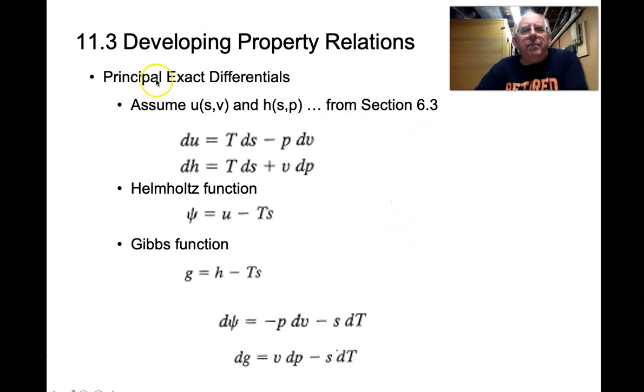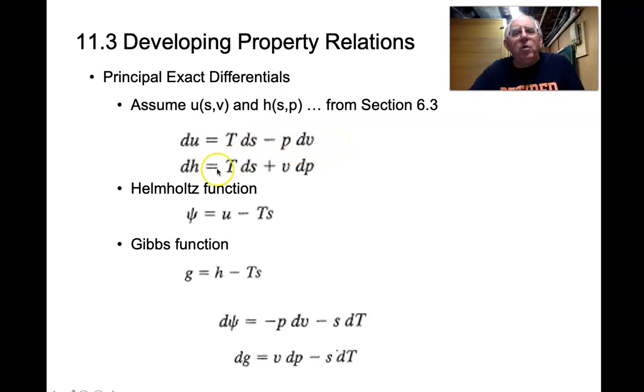Okay, if you remember back in section 6.3, two equations were developed, and we referred to those as the TdS relationships, the temperature and entropy change relationships. The first one was TdS is equal to du plus P dv. So there were two parts.